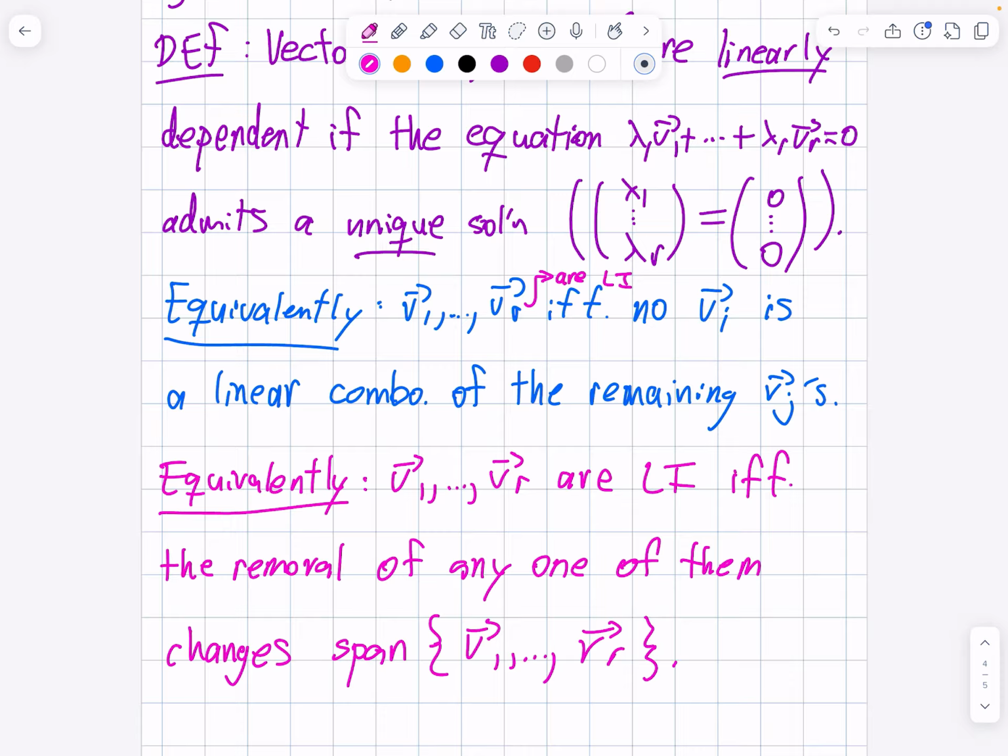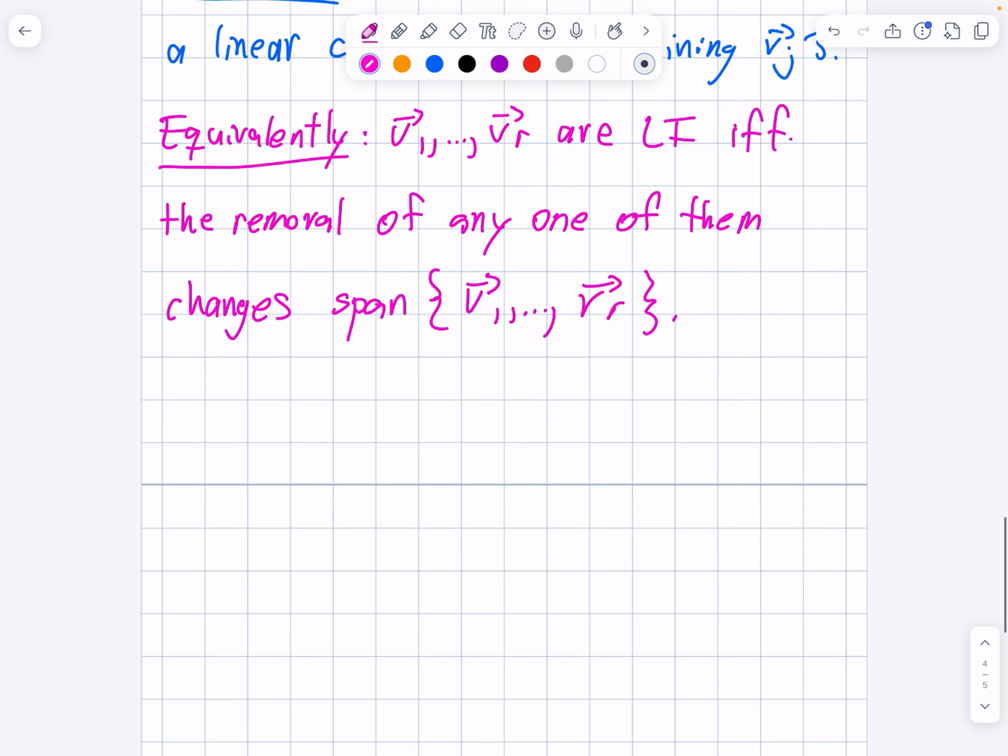Okay. Basically, each of them is crucially important for the span. If you remove any one of them, you get something different. Okay, so there's a few interpretations of the linear independence condition.